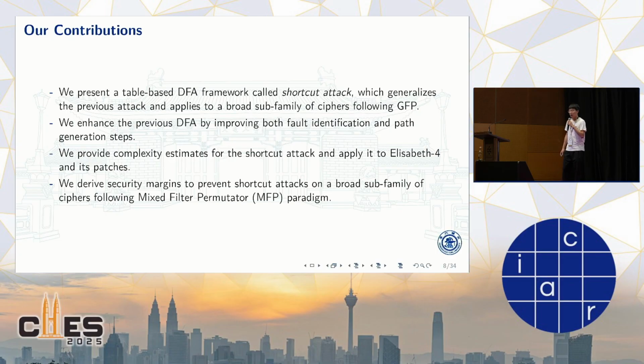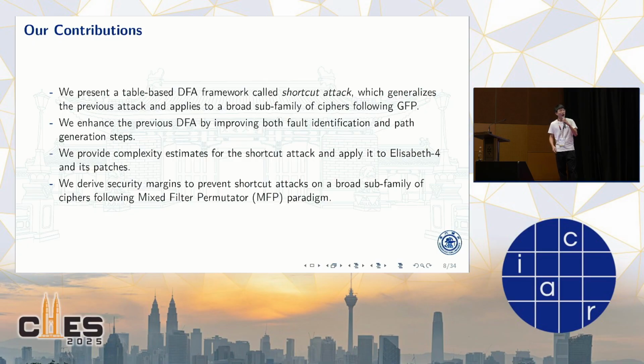Building on this, we make this work. First, we present a table-based differential fault attack framework called the shortcut attack, which generalizes the previous attack and applies to a broad subfamily of ciphers that follow GFP. Second, we enhance the previous attack by improving 2 steps in it.